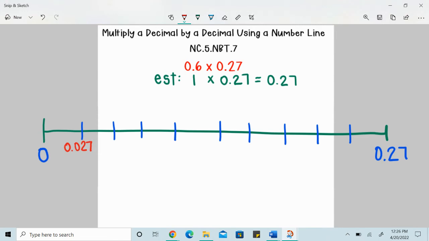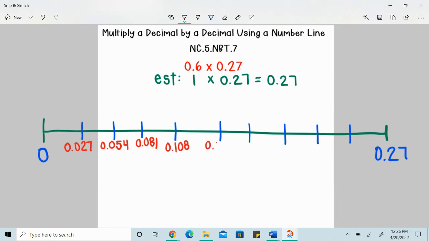So I'm going to begin with 27 thousandths. Then the next one would be 54 thousandths. Then I would have 81 thousandths. And I'm just counting by 27 thousandths here, since each tenth represents 27 thousandths. So now here is 108 thousandths.